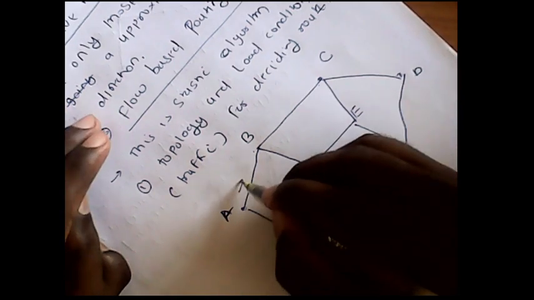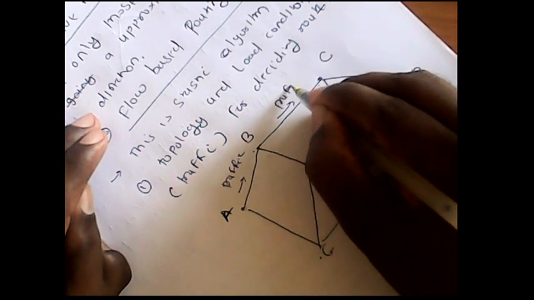I daily use a route from A to B and B to C. But one day there is heavy traffic from A to B and B to C. So I want to reach my office within time.